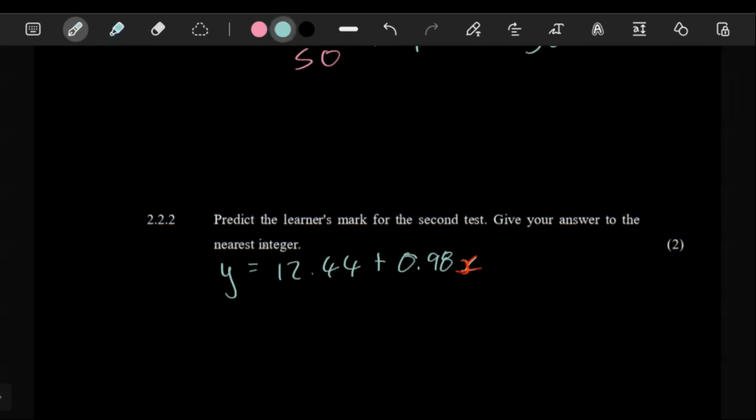So this is going to be y is equal to 12.44 plus 0.98 times x, and the value of x here, you're going to drop in as 15. And then when you put all this into the calculator, 12.44 plus 0.98 times 15, this is 27.14.